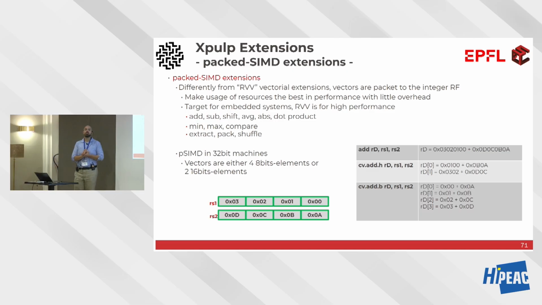Okay, questions so far? Because now we change a little bit the nature of the extensions. I have a more general question. Are we allowed, for example in the case of MAC in the RISC-V, to have bigger registers for MAC results?